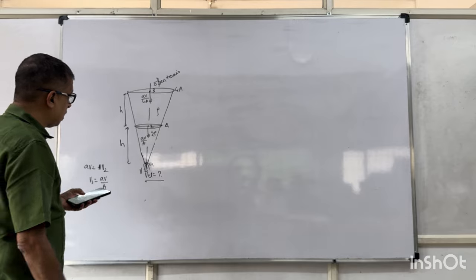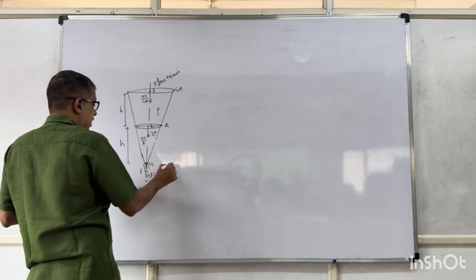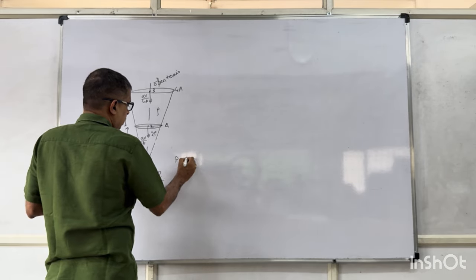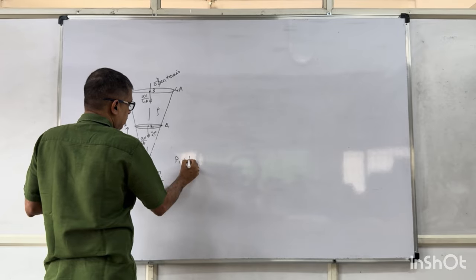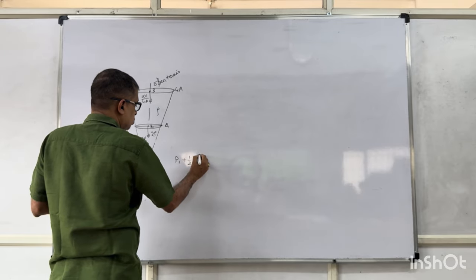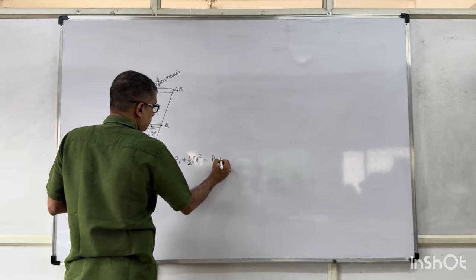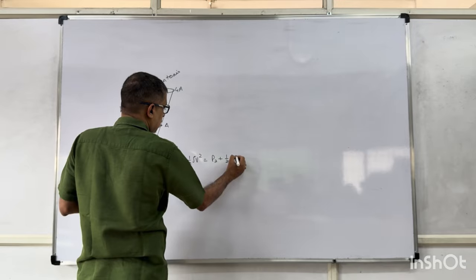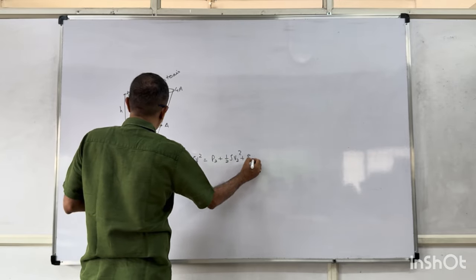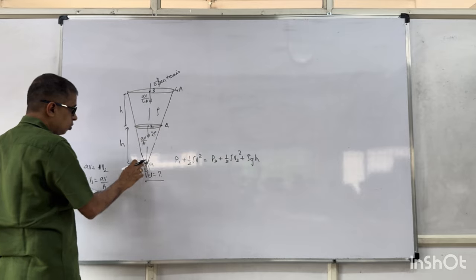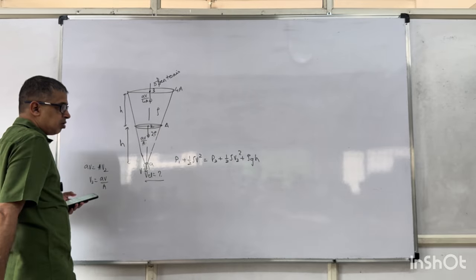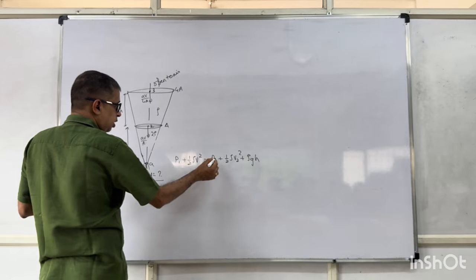First of all, I am applying Bernoulli's equation between 1 and 2. Pressure at 1 plus half rho V squared is equal to pressure at 2 plus half rho V2 squared plus rho g h. Yes or no? I am taking this as the reference line. This will be rho g h. Pressure at 2.